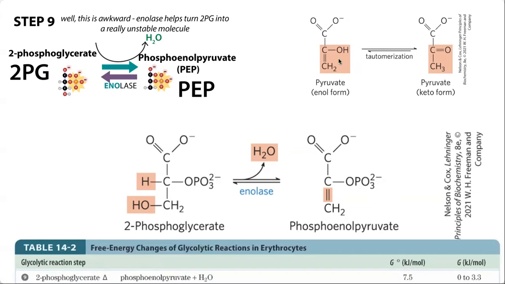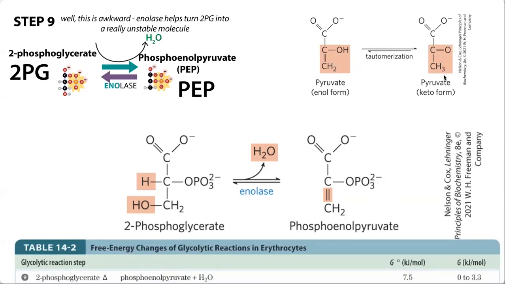And with an enol, you can get this tautomerization where you switch between an enol form and a keto form, like a ketone. If you think about moving these electrons over to here, and then pushing things up and moving over a proton, you can switch between these 2 forms.